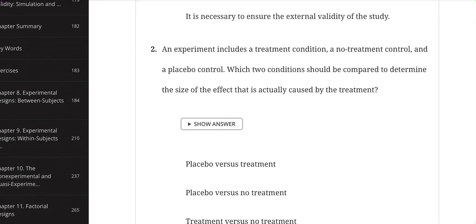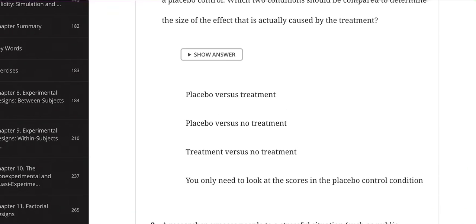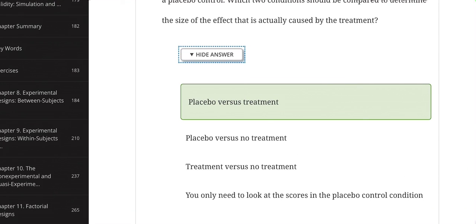Then an experiment includes a treatment, a no treatment, and a placebo. Which 2 conditions could be compared to determine the size of the effect that is actually caused by the treatment? And so if we scroll up, you'll see that it's placebo versus treatment. So again, if you compare the placebo to the treatment condition, it's going to tell you the actual effect of the treatment, right?